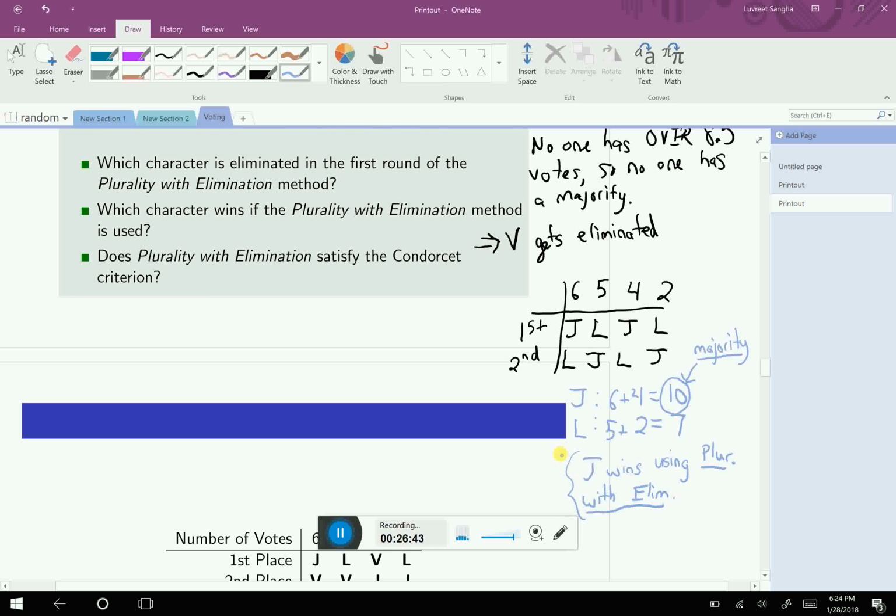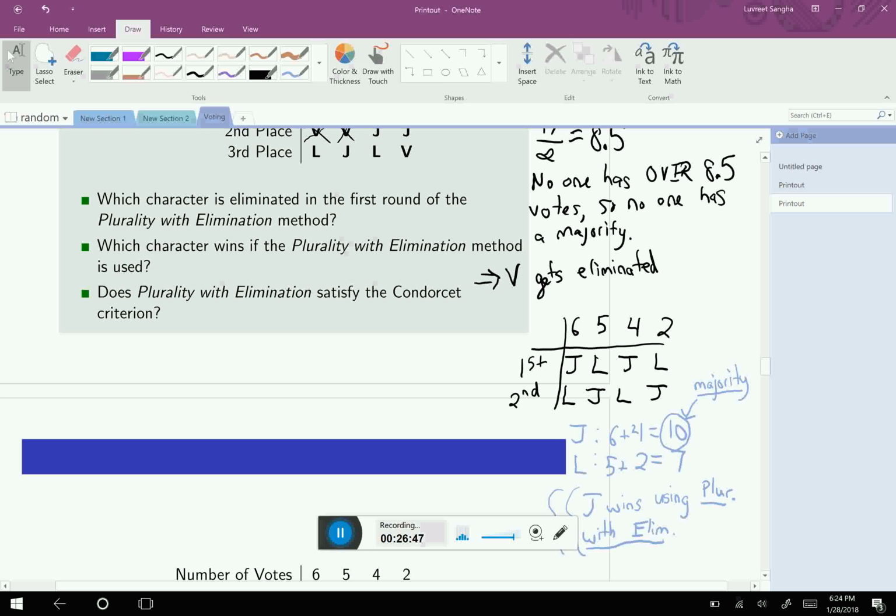So that means the Condorcet candidate, V, lost. If we can find one example where the Condorcet candidate loses, that shows a violation. So this shows plurality with elimination also violates the Condorcet criterion.